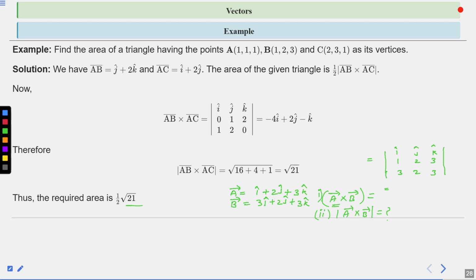So what is the final calculation? You will get 3 times 6 minus 3 times 6, minus j cap, it will be 3 minus 3 times 9, plus k cap, it will be 2 into 6. Yes or no?